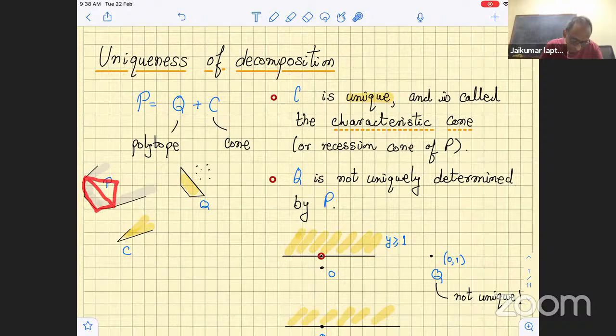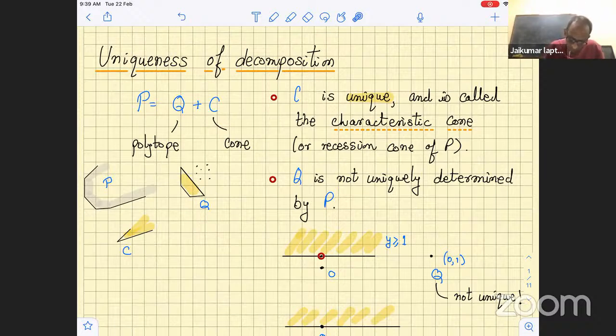We could have added some stray points outside and declared this to be our Q. And even if we extended this to infinity using the same cone, we would still get the same polyhedron. So maybe we could ask for the minimal Q, the smallest Q, so that this equation holds, and then maybe this is unique. Now, as I had hinted, that may not be true either.